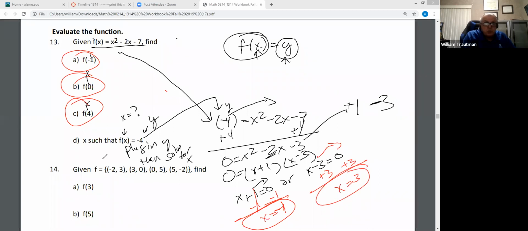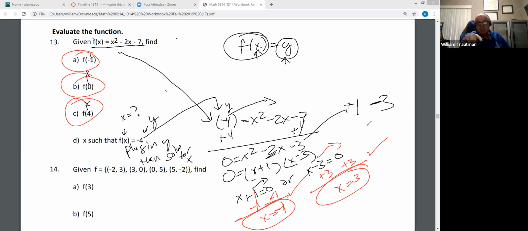So we have two answers for this function: x equals negative 1 and x equals 3. So we have two separate x values where y equals negative 4.